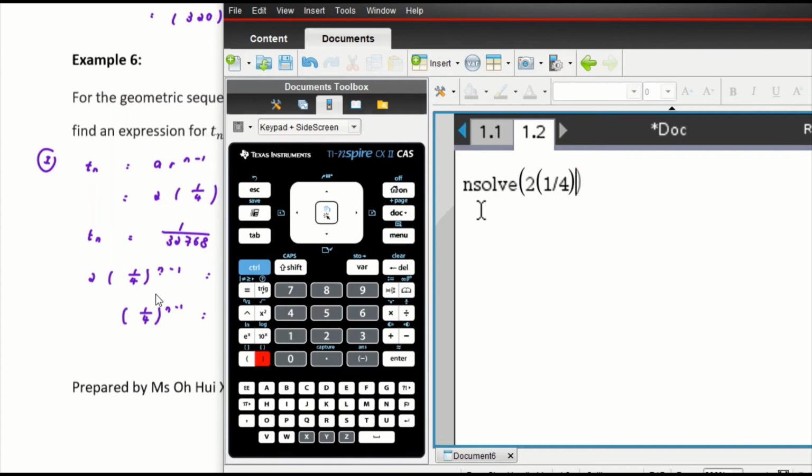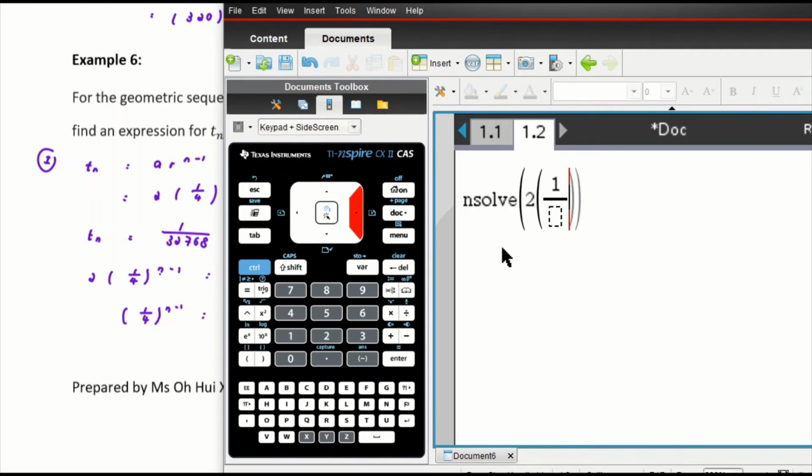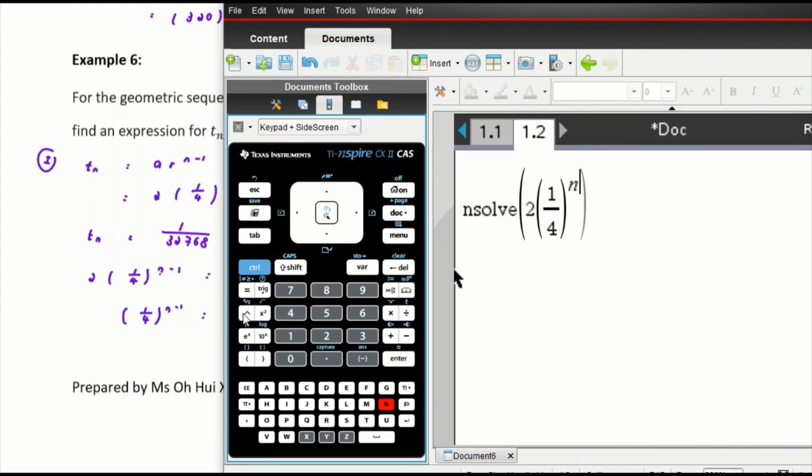Okay, I think it's a bit too fast. So for 1 over 4, you just press the fraction here. Okay, 2, open a bracket, then fraction 1 over 4. Then after that to the power of n minus 1, so n minus 1.